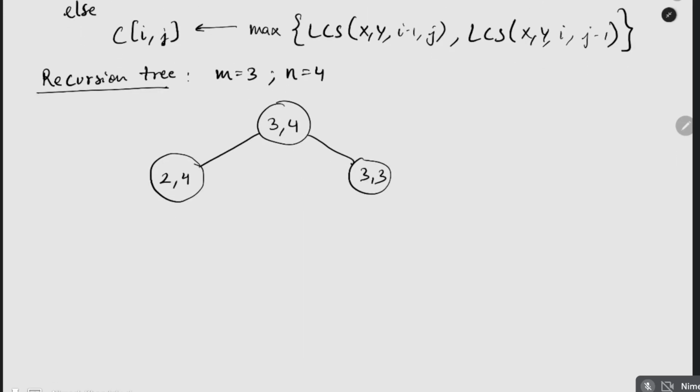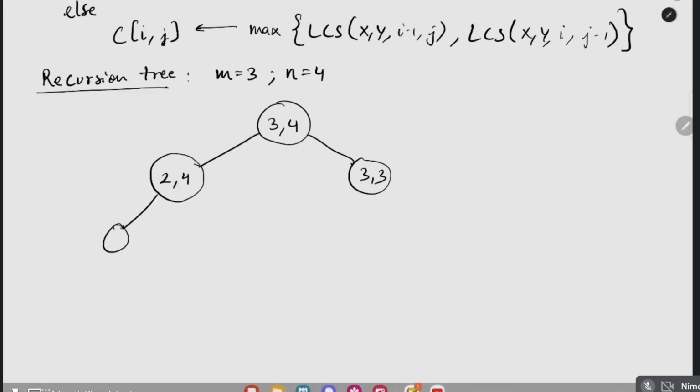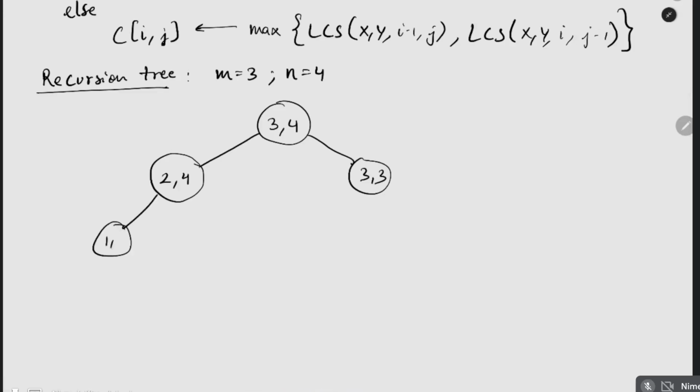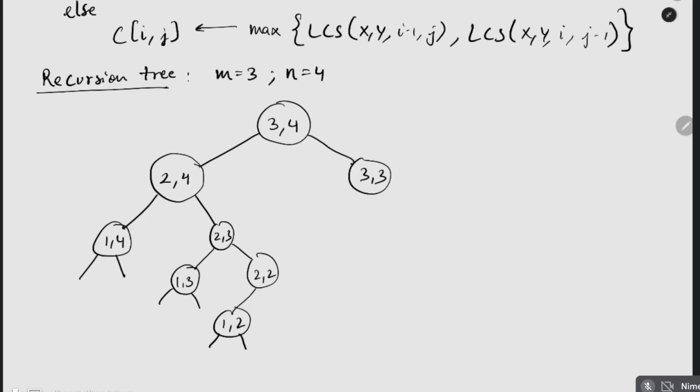Okay, and again, we keep repeating this until we reach the leaves of the graph. So here the graph terminates because we cannot go further than 1 for the index of x, and here we go 1 3, so we terminate this here, and we go 2 2, and then for 2 2 we go 1 2, and so on.